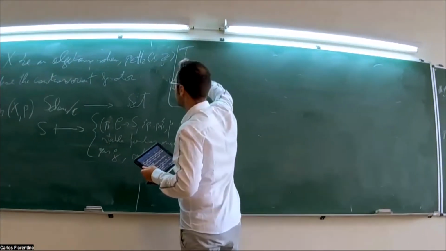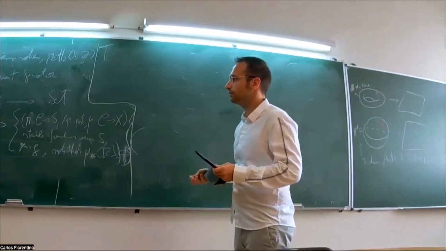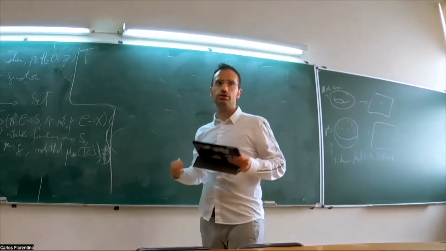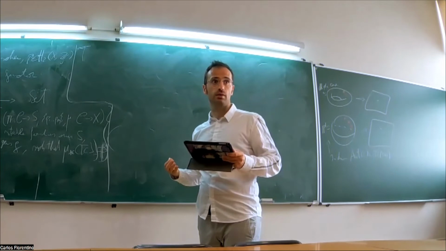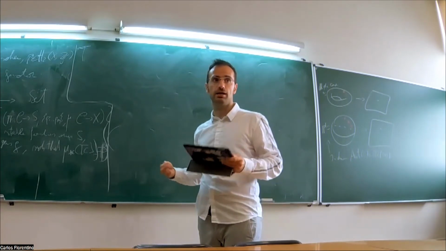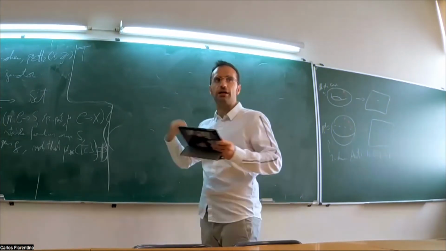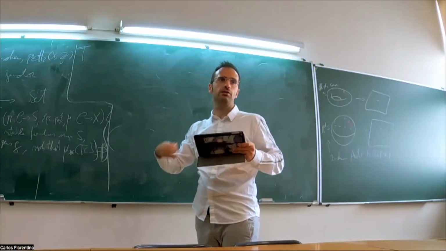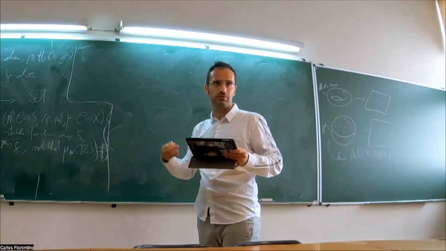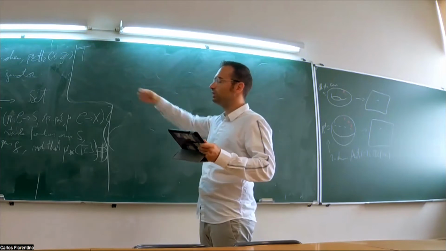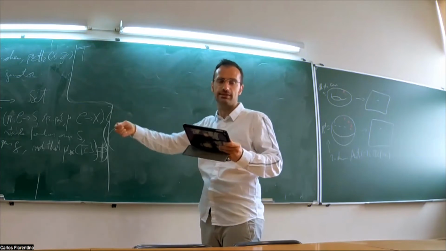Theory. So we define this function. This function is representable by a coarse moduli space. Instead of giving the definition of a functor representable by a coarse moduli space, I just give directly the theorem that says that.